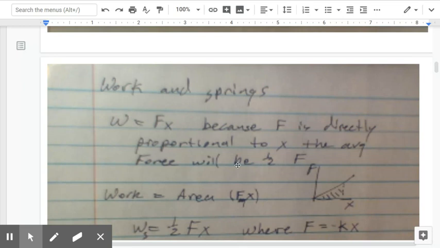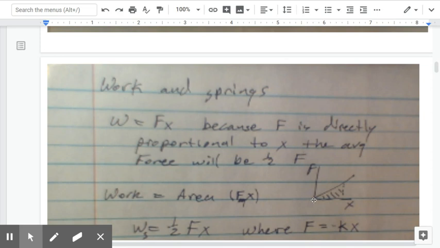Work and springs. Well, work is force times distance. But when we look at our graph here that we had earlier, we have force and we have x on the x-axis. And as we go this direction, we have a direct proportionality between force and x.